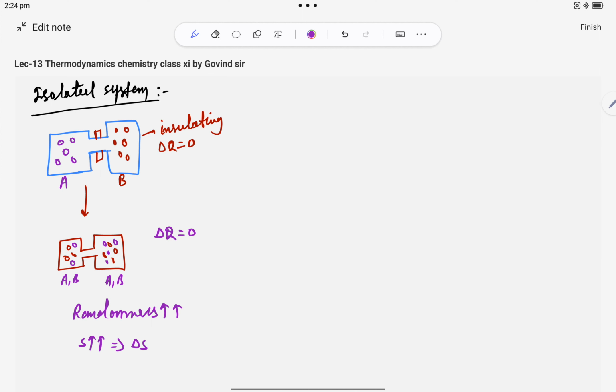In that case, delta S is greater than 0 for the system. Okay. So here there is no matter of this Q. So isolated systems are spontaneous.